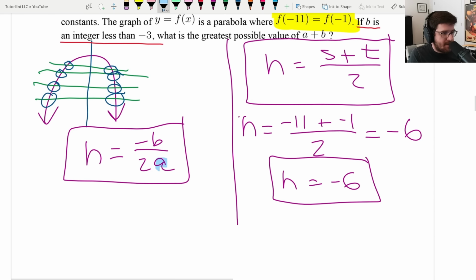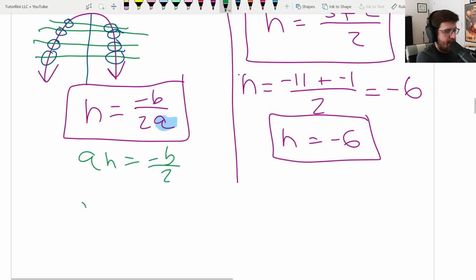So to get a by itself, I'm going to multiply both sides by a. So I get a h equals negative b over 2. And then I'm going to divide both sides by h. And I get a equals negative b over 2h.